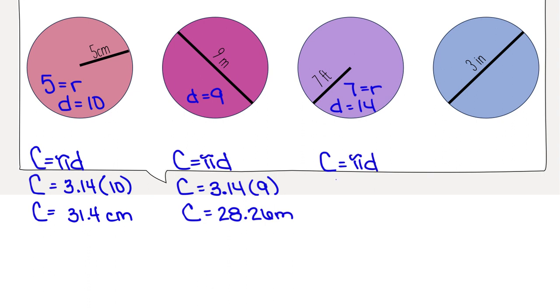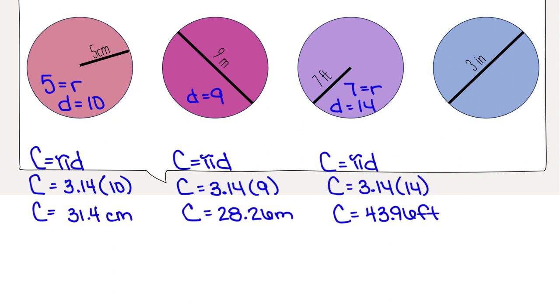Pi is going to become 3.14. Diameter is 14. We multiply them together. What is it? 43.96. Thank you. 43.96 feet.